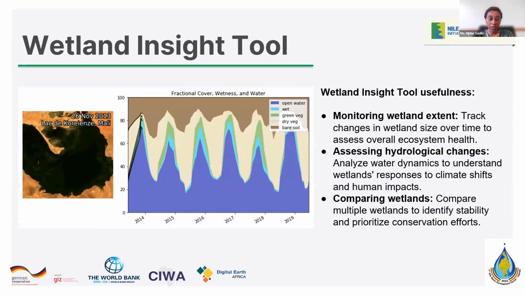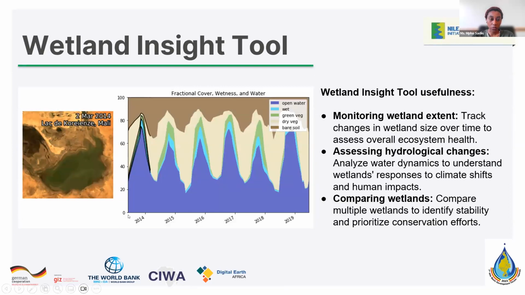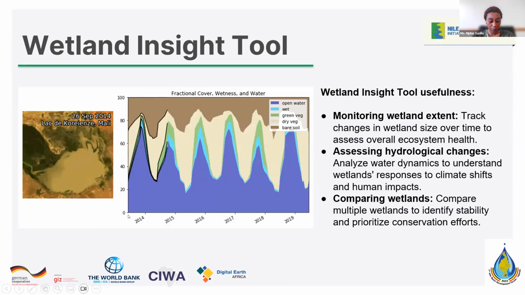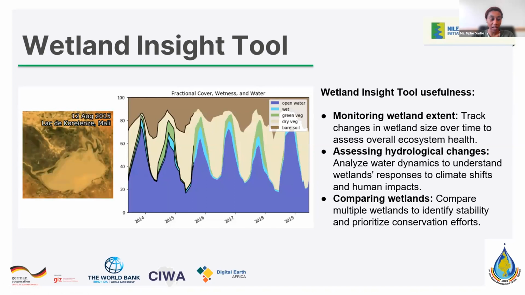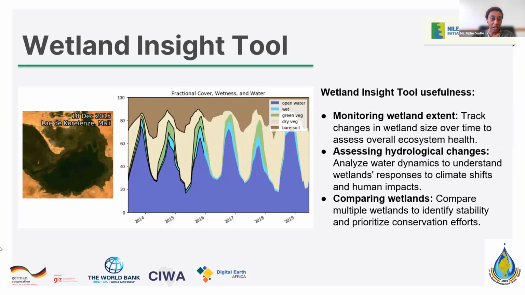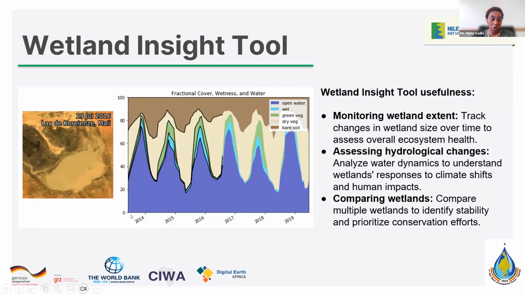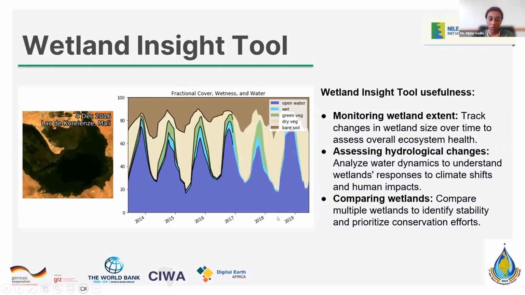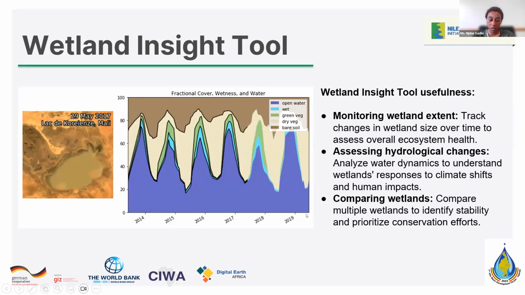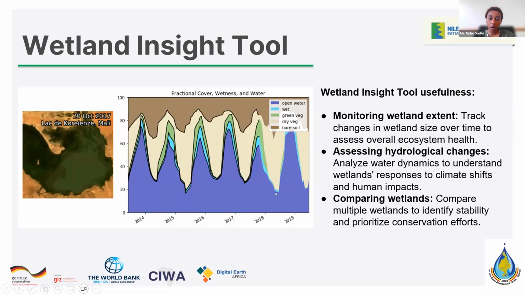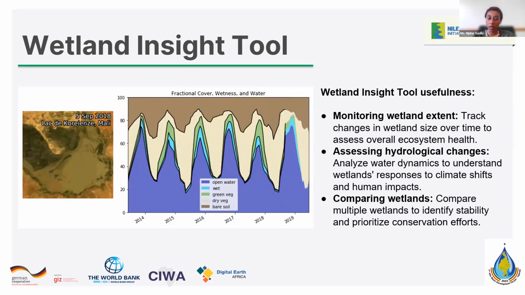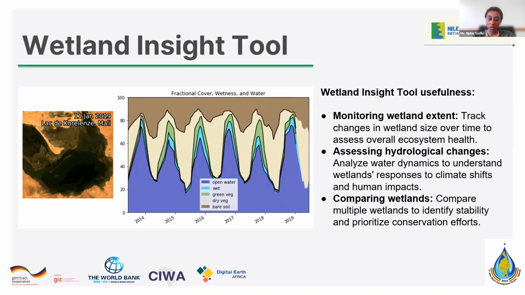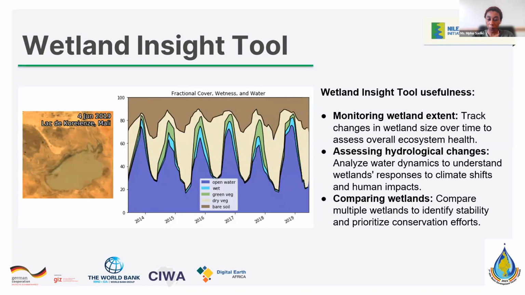Something that you can expect is something like this, where we're looking at Lake Krionze in Mali, where you can see it changing from 2012 to, I believe, 2020, and it tells you how the distribution of the fractional cover, the wetness and the water changes with time for that particular water body.